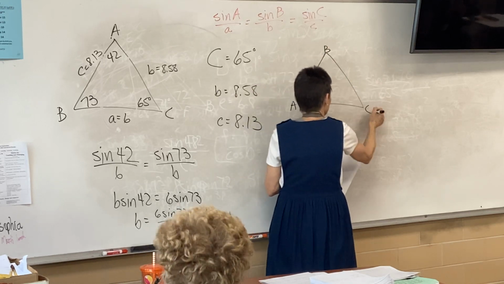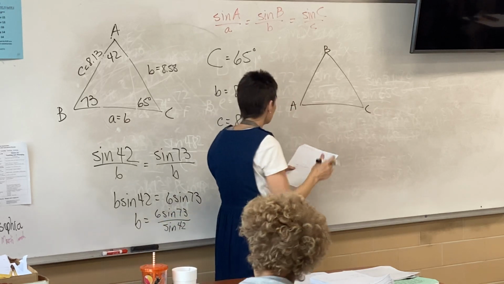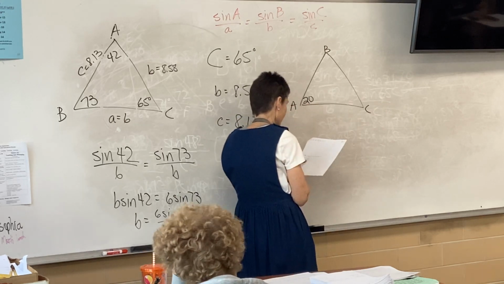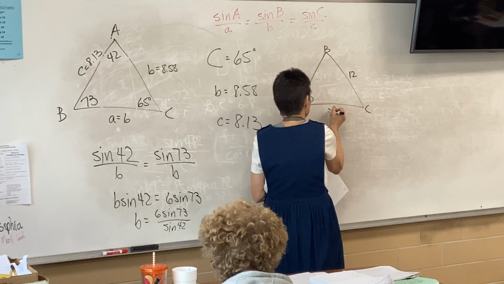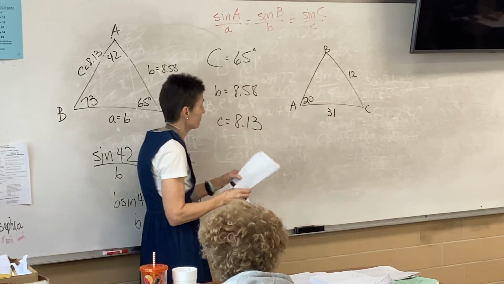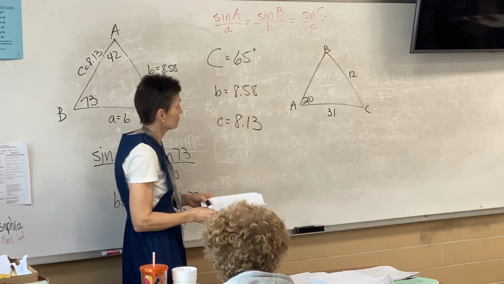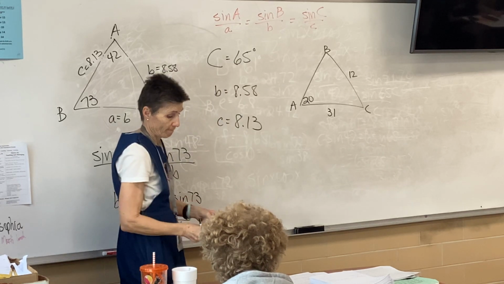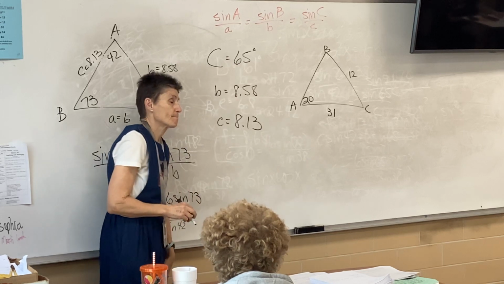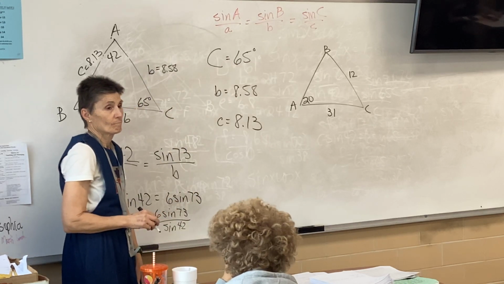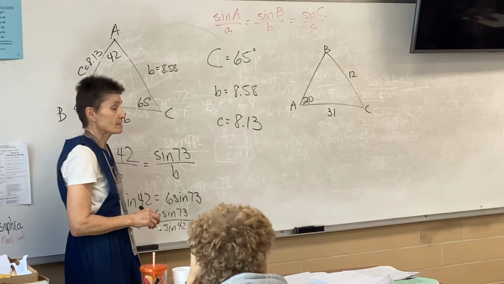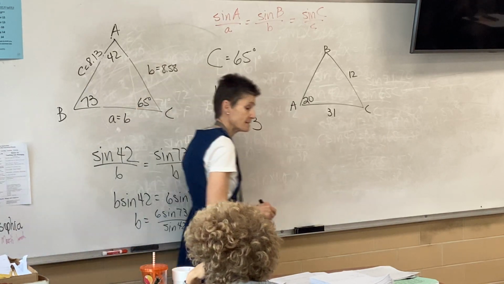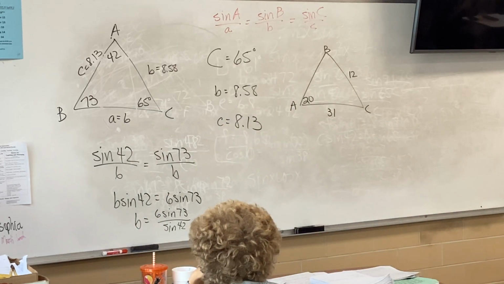So here's my triangle, ABC. Angle A is 20, side A is 12, and side B is 31. Does my setup make sense to everybody?